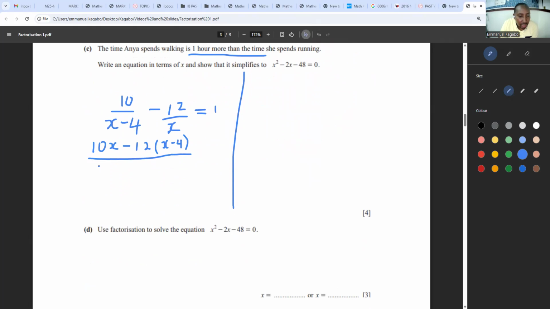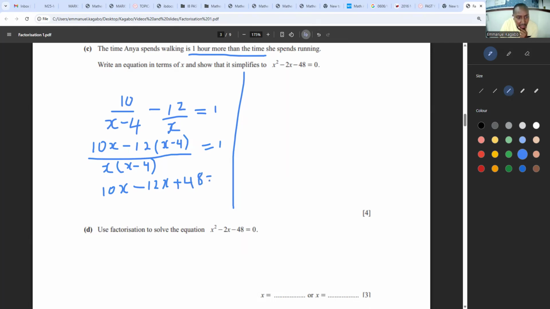The LCM is going to be x bracket x minus 4, then equals to 1. Now, can I open the brackets? What am I going to have? I'm going to have 10x minus 12x plus 48.